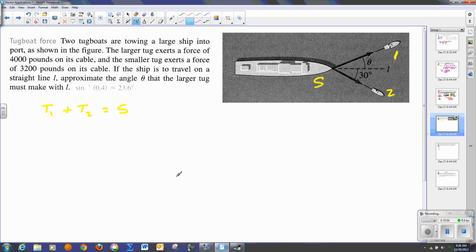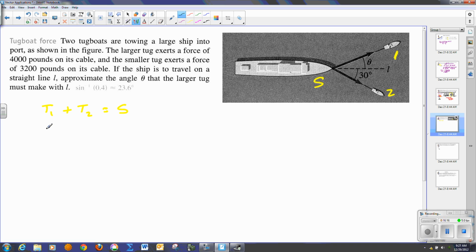All right, and if I were to set this up, I know that in this case, tug 1 is going to, which one's the larger tug? That's the larger one.